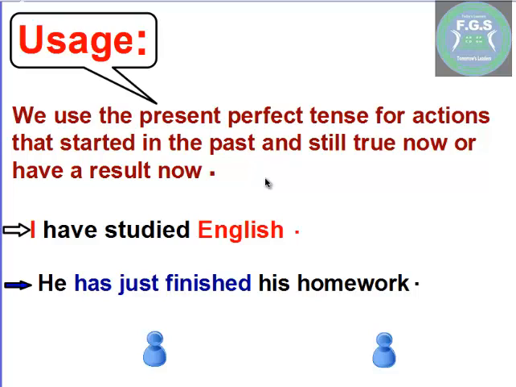But in the second picture we use the present perfect tense because the road is still wet. The action started in the past and it has a result. So the road is wet. So in the second picture we used the present perfect tense.